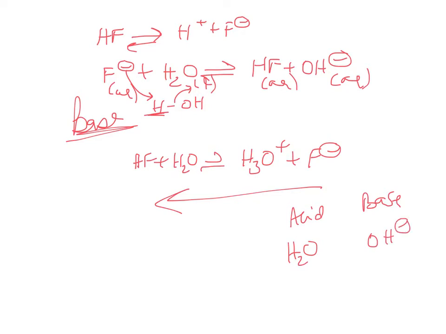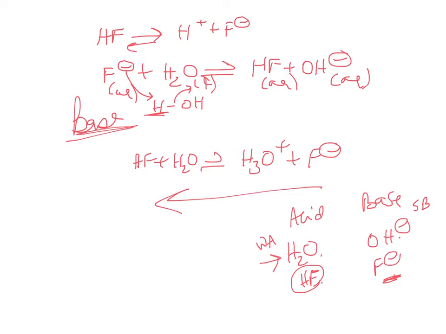So the base strength is going to be even more as compared to the F minus. If you compare the two, water is a weak acid, but its base is a strong base. HF is stronger than water, and that means that its base is going to be weaker than the hydroxide. Hopefully you can see that.